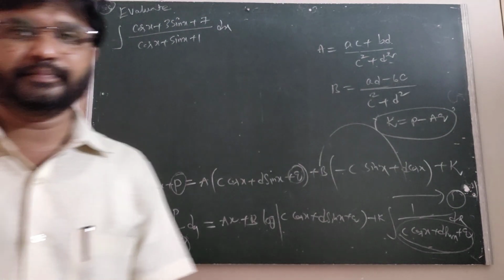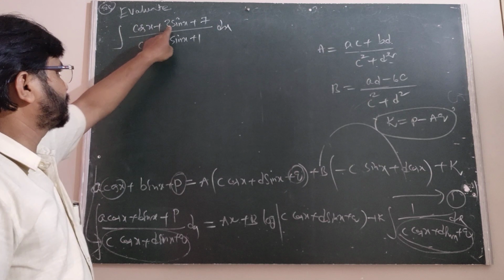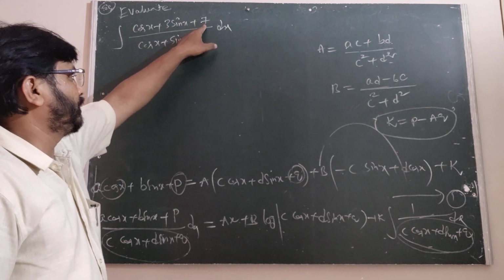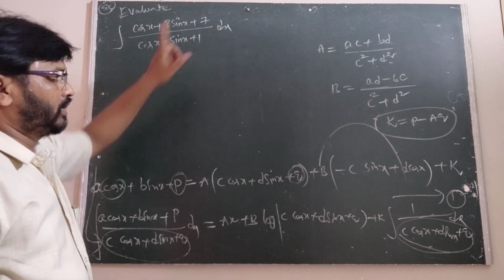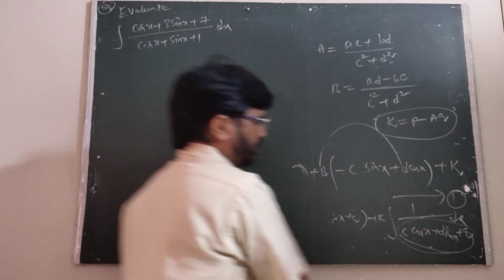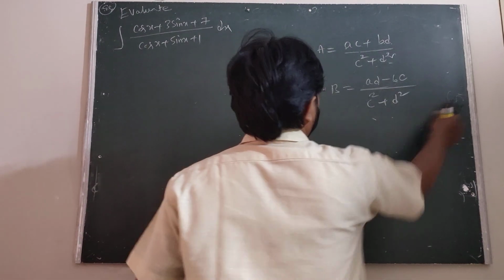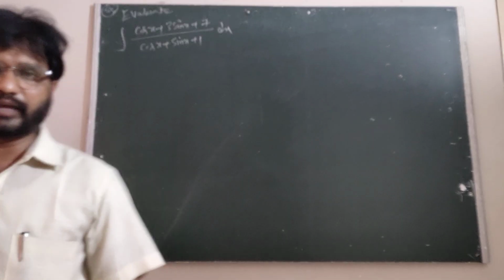So here this is in the form of (a cos x plus b sin x plus p) upon (c cos x plus d sin x plus q). How to solve this one? This is the type 4.